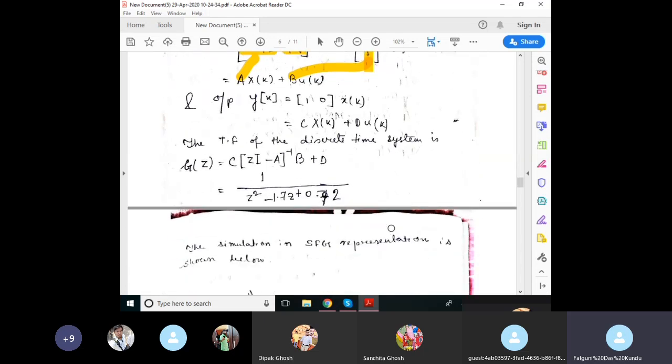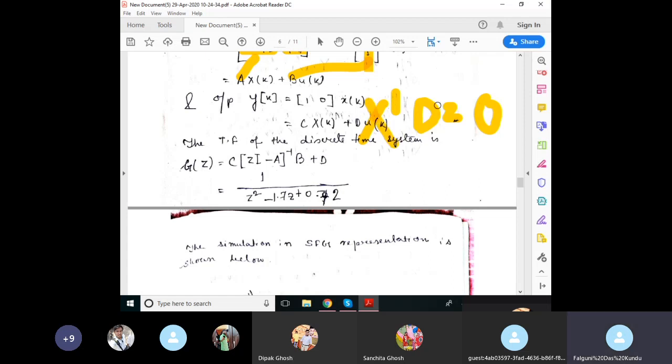As we know, in case of a continuous LTI system, the transfer function G of s becomes C into (sI minus A) whole inverse B plus D. Here also D is 0, so we can eliminate this part.